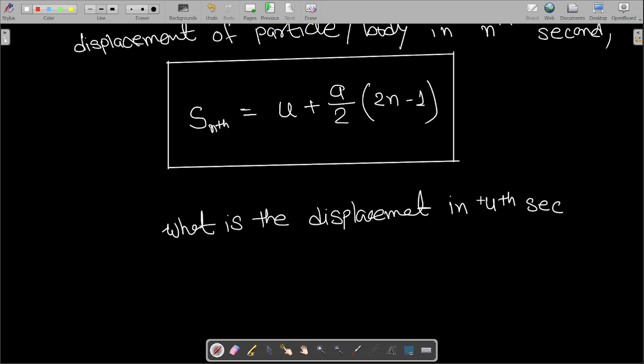You just put the 4 in the place of n and nothing else. The question will give the value of a and the value of u, and it will ask you to find the displacement in the fourth second. So you only have to replace the n with the 4. Okay, understood? Okay, sir.